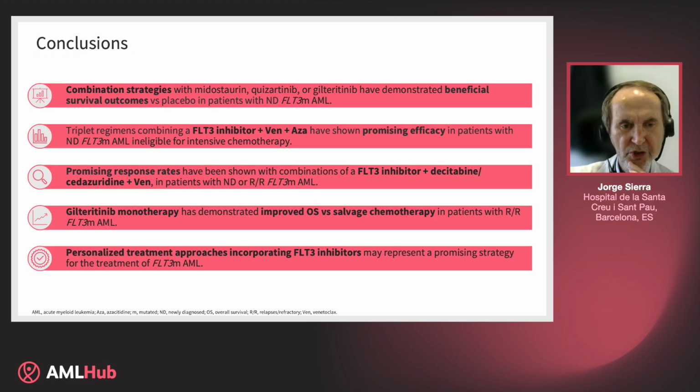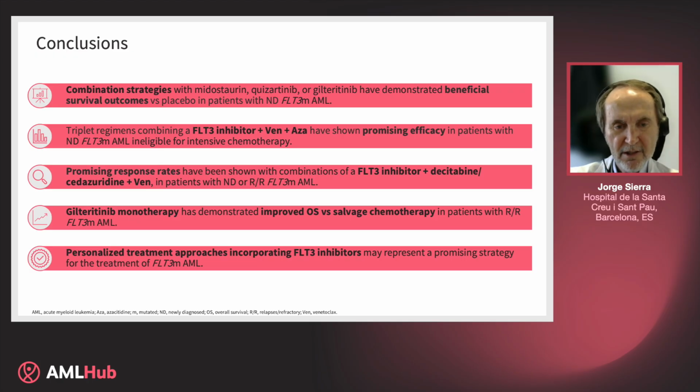So in conclusion, the combination strategies with midostaurin, quizartinib, or gilteritinib have demonstrated beneficial survival outcomes versus placebo in patients with newly diagnosed mutated AML. Triplet regimens combining FLT3 inhibitor, venetoclax, and AZA show promising efficacy in patients with newly diagnosed AML ineligible for intensive chemotherapy.